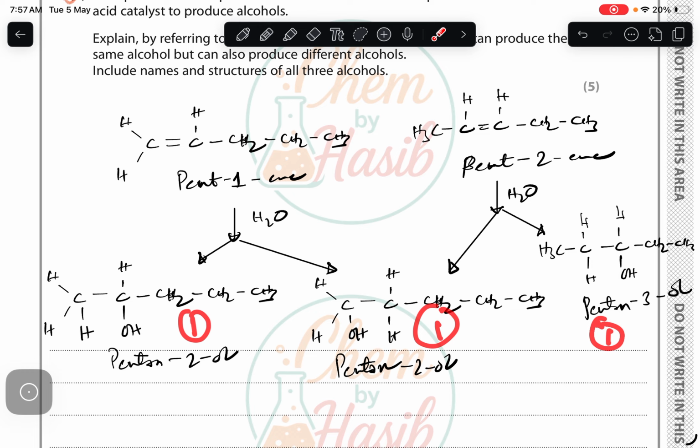And you have to give the name of the alcohols. So you get 1 mark for all the correct names. You get 4 marks here. And 1 mark you will get because you have to say that when the alkene reacts with steam, the H and the OH can get added to the double bond.